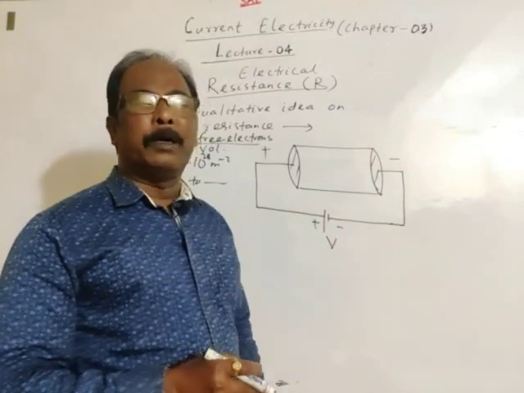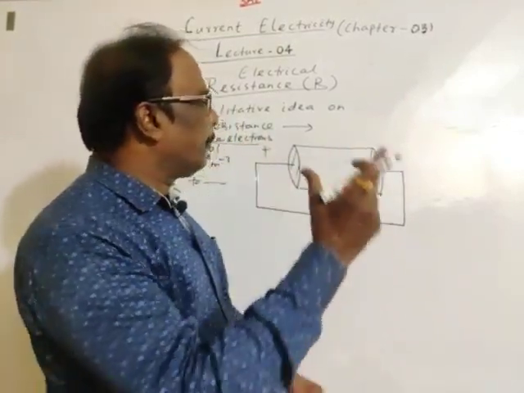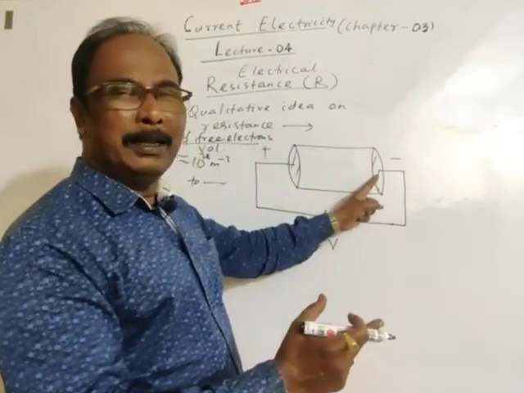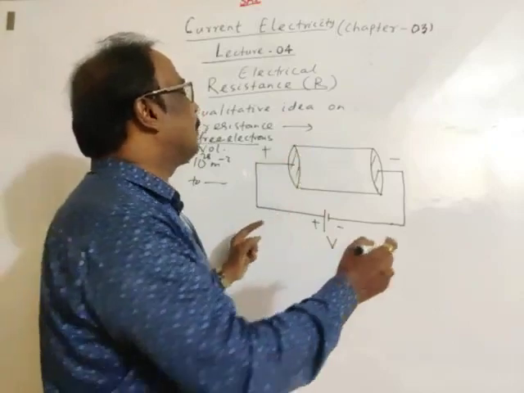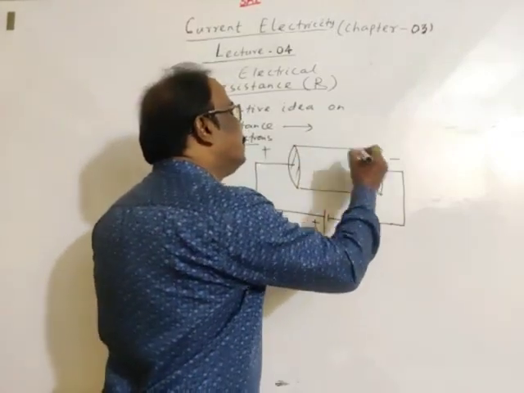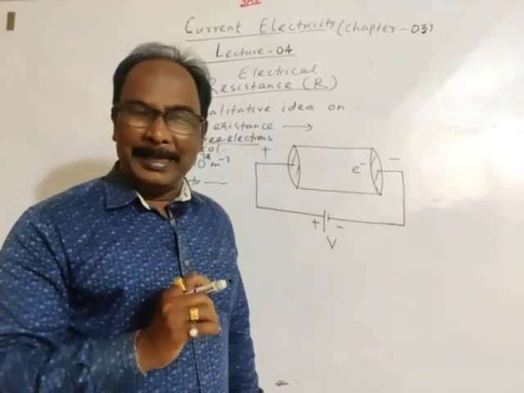When the conductor is connected between terminals of a cell, all the free electrons present in the conductor tend to move from low potential to high potential, as the charge of the electron is negative.